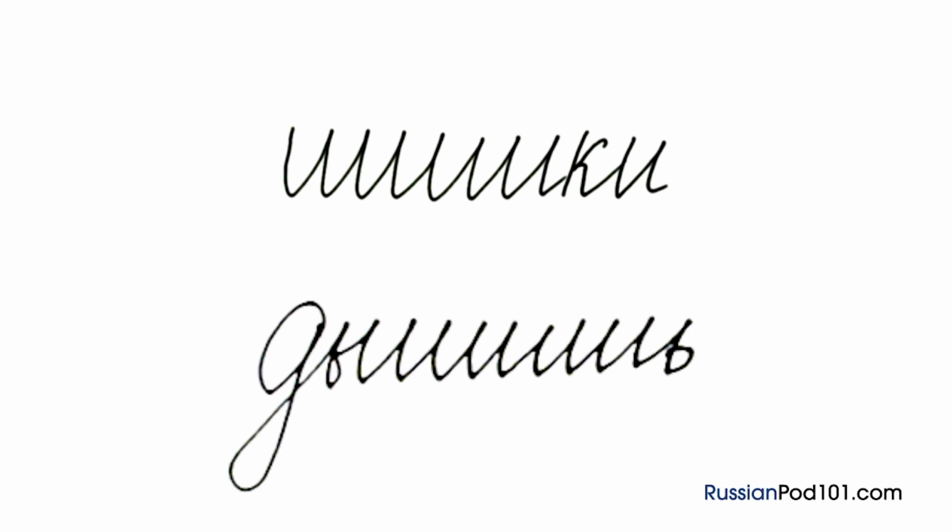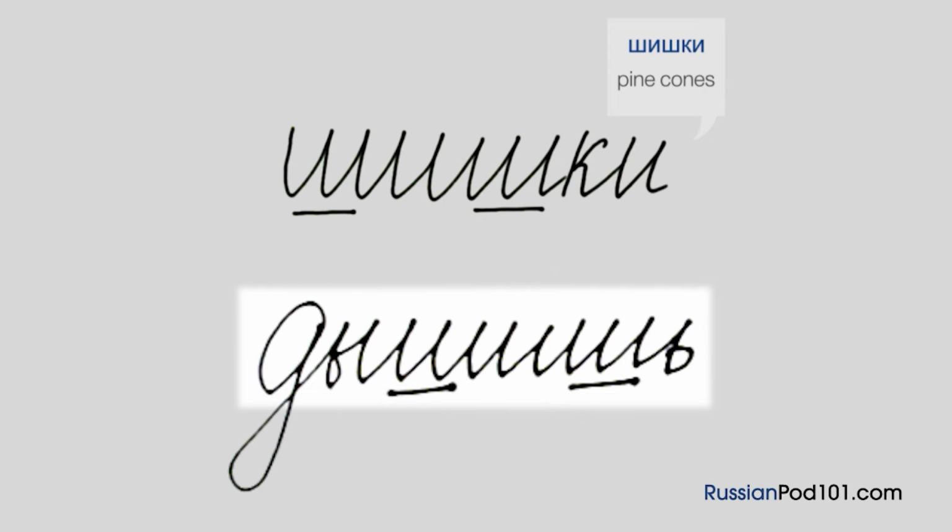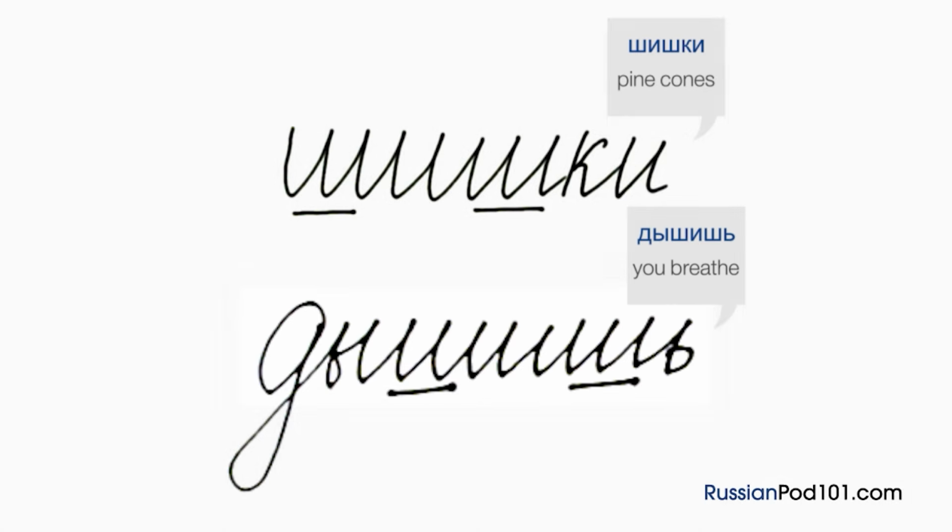It boggles the mind. But now let's add some bars. Oh, that's much better. Can you read them now? Shishki means pine cones, and dishish means you breathe. That's all there is to it.